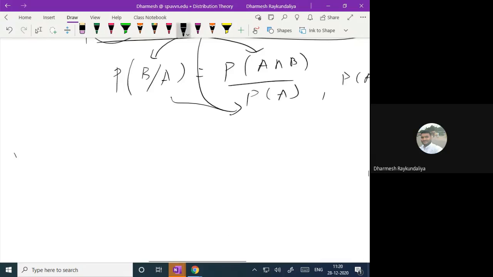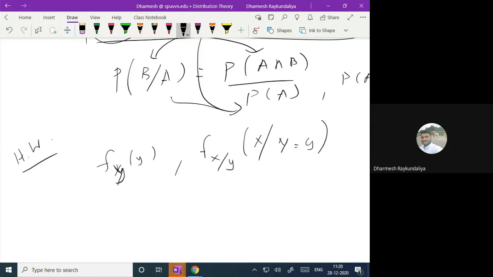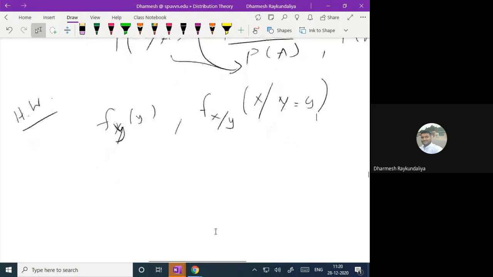In the homework, find out the marginal distribution of y and find out the conditional distribution of x given y. What should it be? Any guess? What will be its mean? I think it is mu 2 with variance sigma 2 square.